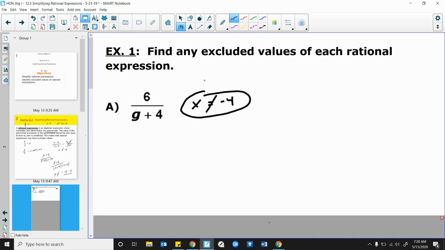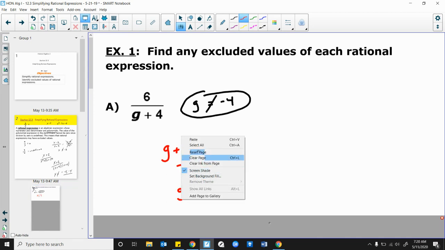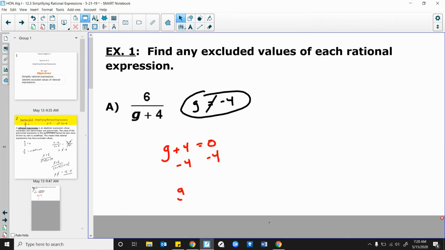If you can't tell that it's negative 4, you can always do g plus 4 equals 0 and then solve for g, and you're going to get g cannot equal negative 4, because 0 minus 4 is still negative 4. So there's the first one.